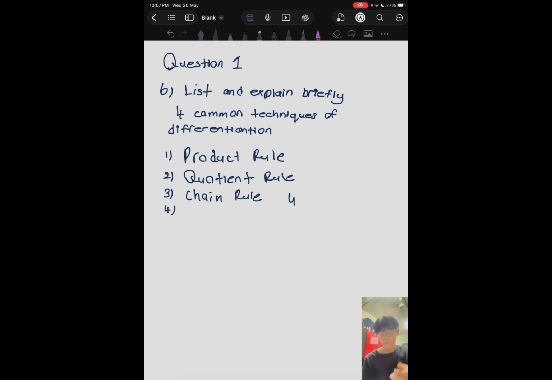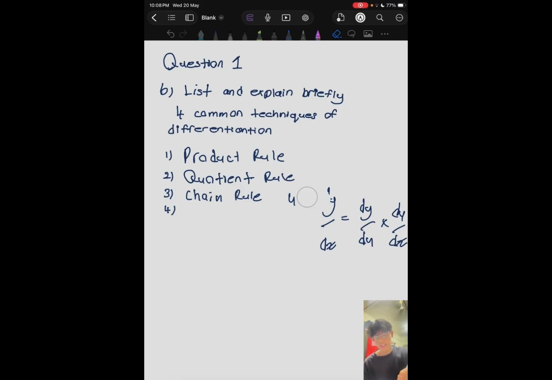Leibniz notation makes it clear. We can use the formula: dy over dx equals dy over du multiplied by du over dx. That's it for the chain rule.